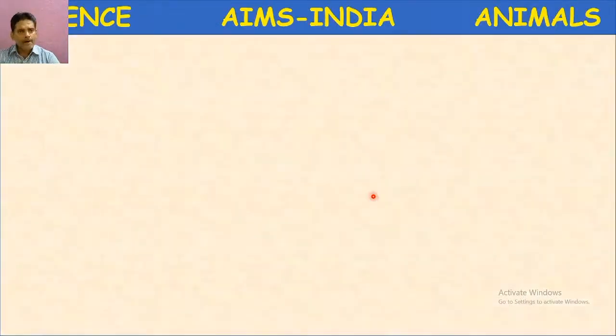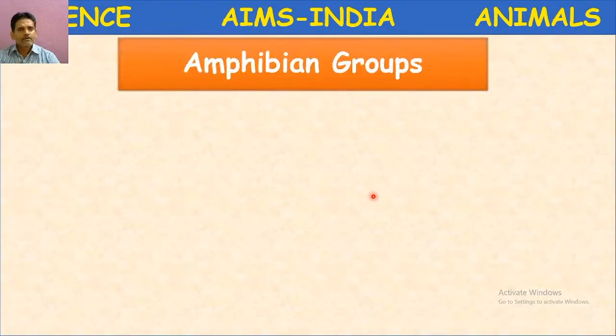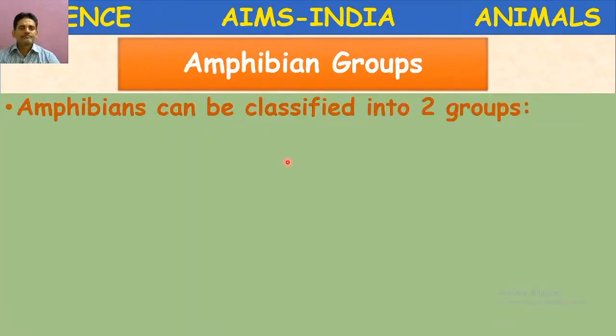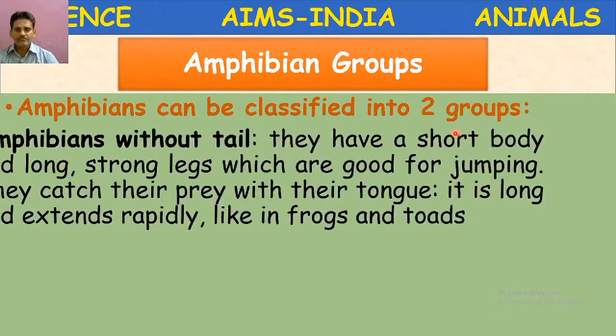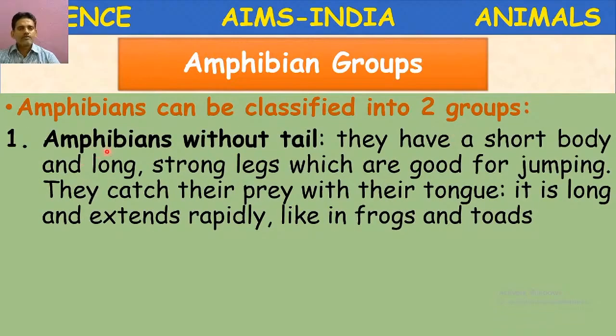So let us discuss the amphibian groups. Amphibians can be classified into 2 groups. The first group, amphibians without tail. Example, frog.